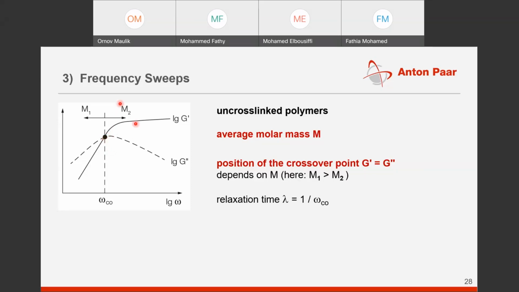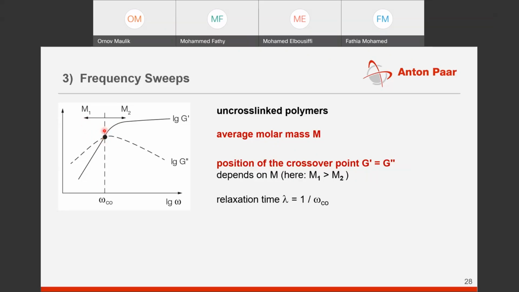Also, it will give you information on molecular mass. If this crossover moves towards the left, you can say that the molecular mass is very high, and in case it moves towards the right-hand side, you can say that the molecular mass is lower.